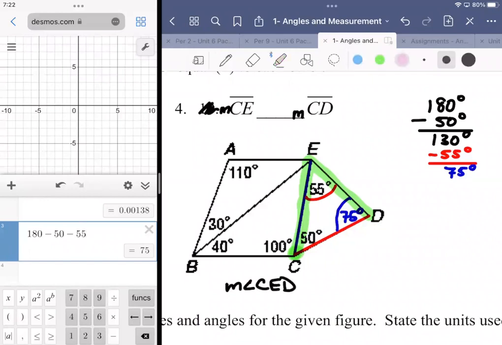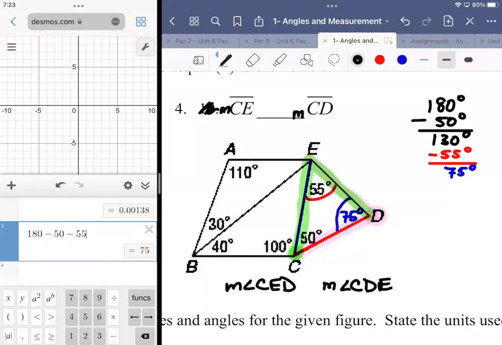And then I want to name this angle here, so I come in and go out. So that's CDE. You could also say it backwards as long as the same letter is in the middle. So the first one I could say DEC, and the second one I could say EDC. As long as the relevant point is in the middle, whatever the letter is that represents that angle, that has to be in the middle of your trio of values.